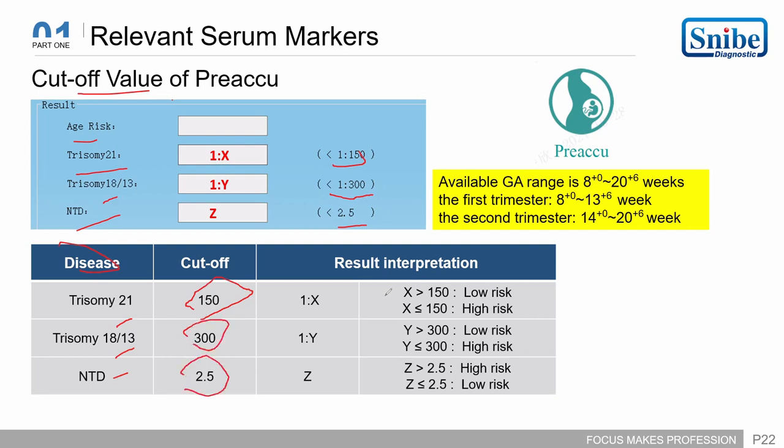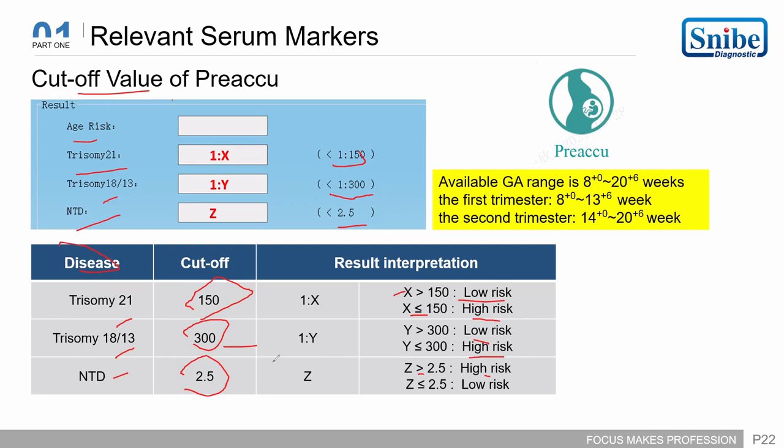For result interpretation, if the value is greater than 150, we consider it low risk. If it is less than 150, it is considered high risk. It is the same with the cutoff values for low risk and high risk in trisomy 18 and 13, and neural tube disorders.